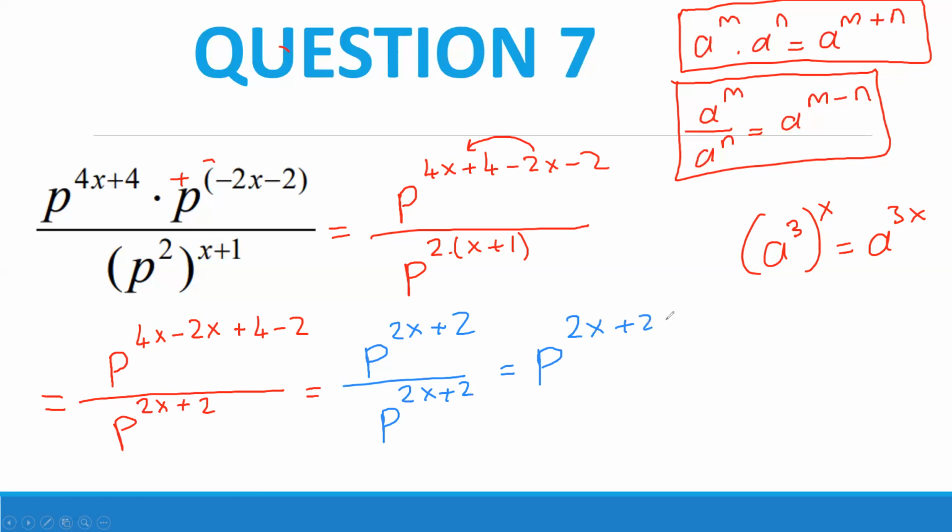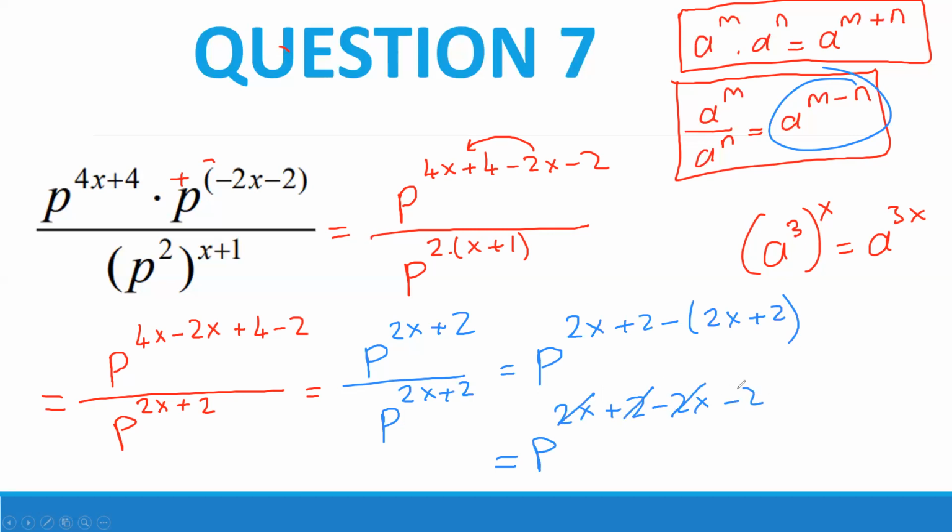2x plus 2 minus, you remember this rule is here, so 2 and 2x plus 2. Here we don't have to write the long way, it's just to understand. So 2x minus 2x making 0, and 2 minus 2 making 0, and p power of 0.